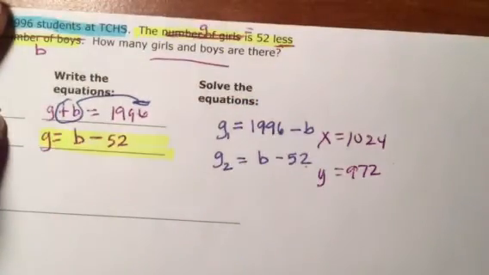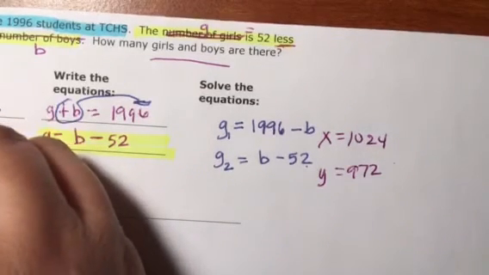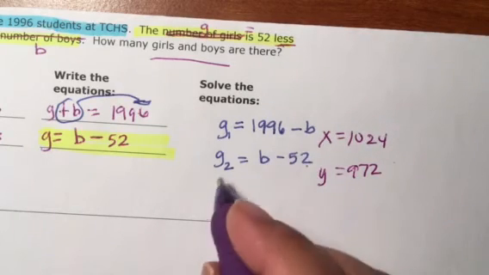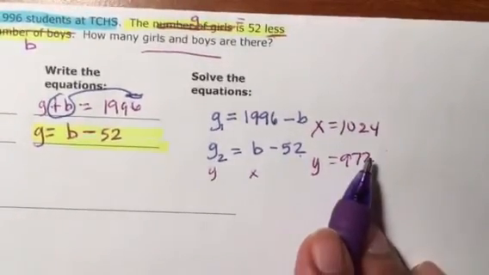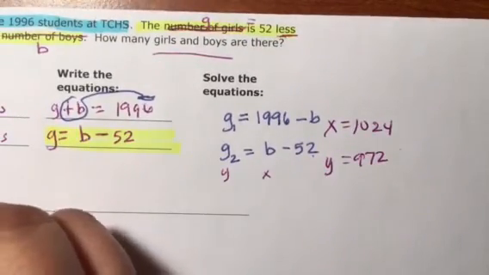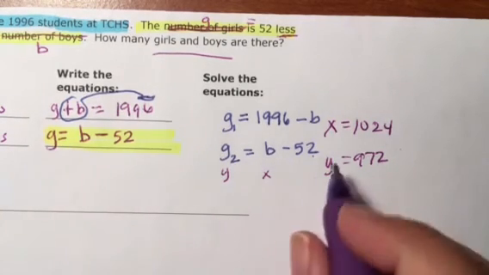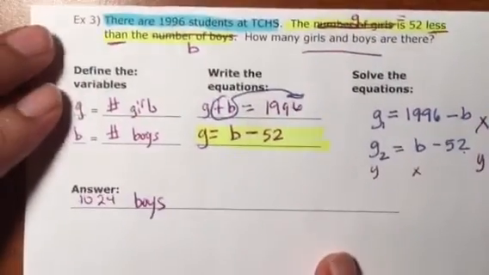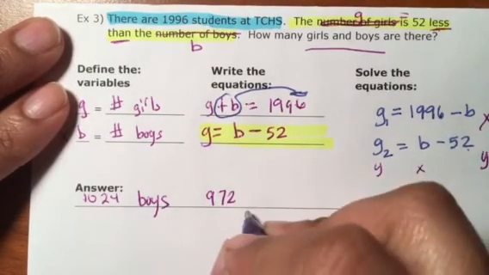In this case, the girls were the Y's and the boys were the X's, because you can see this is the Y spot and this is the X spot. So our answer would be 1,024 boys, and 972 girls.